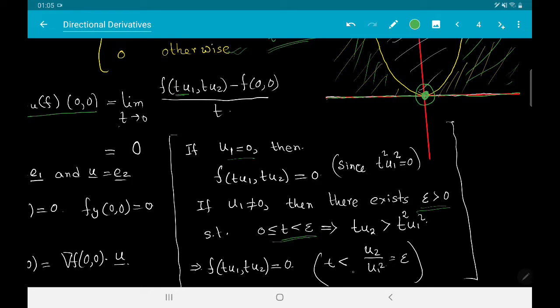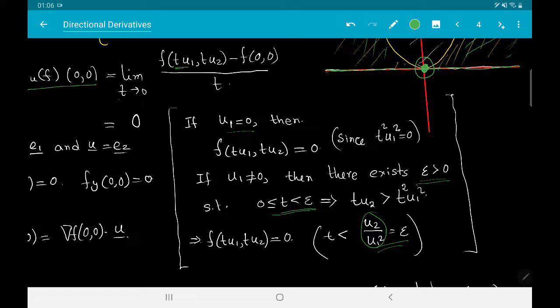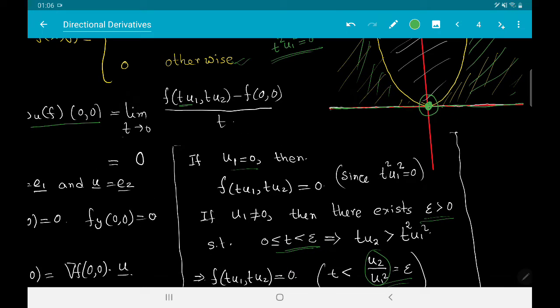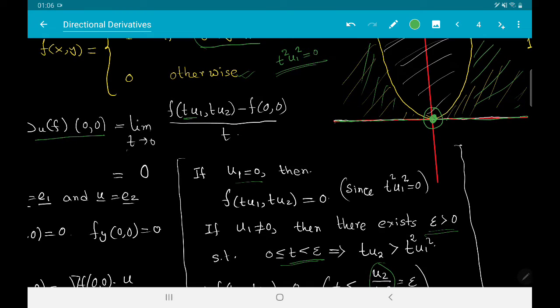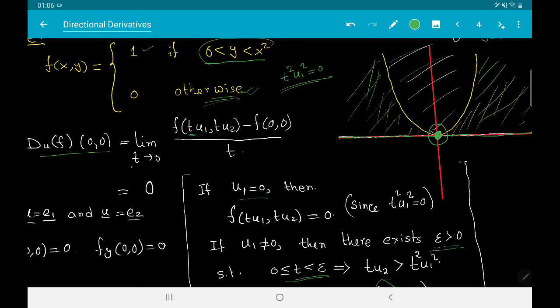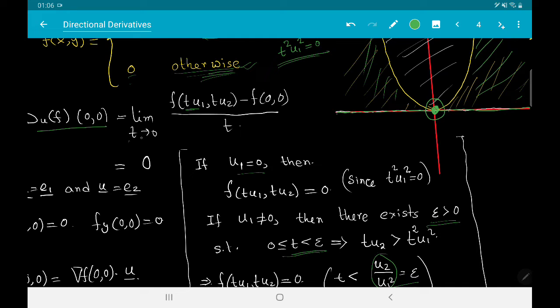So what is this value of epsilon? You can just compute the value of t from here, and it turns out to be u2 divided by u1 squared. I call this epsilon, and you can see that this satisfies the property which is here, and consequently this point also falls in this category, which is not the other category, so this is going to be equal to 0. So when we are going to consider this limit, all we care about is the value of t which is very close to 0.